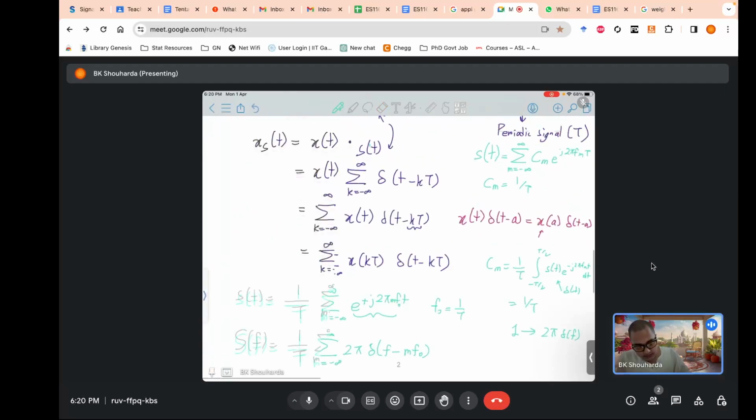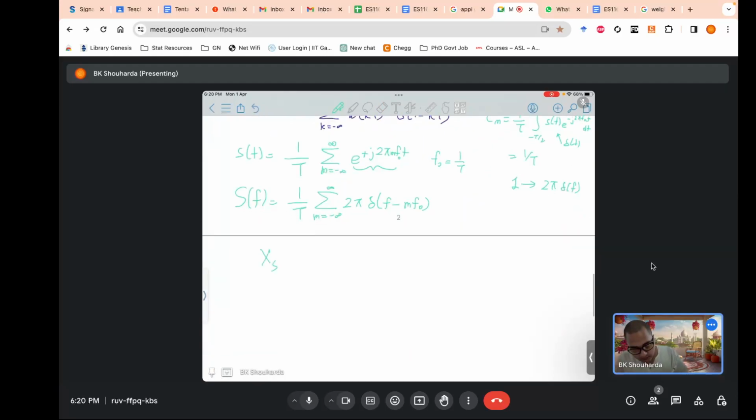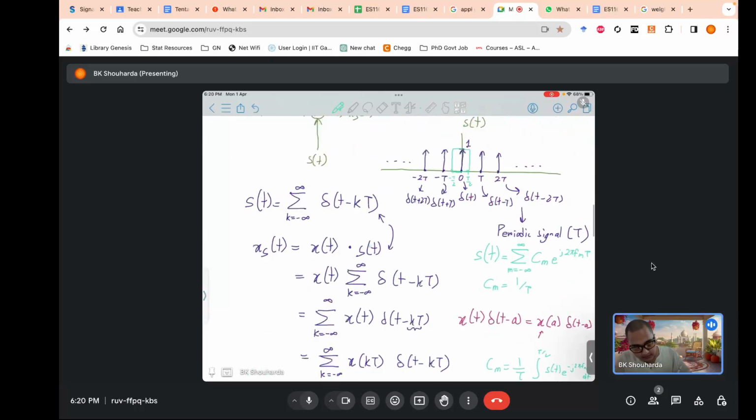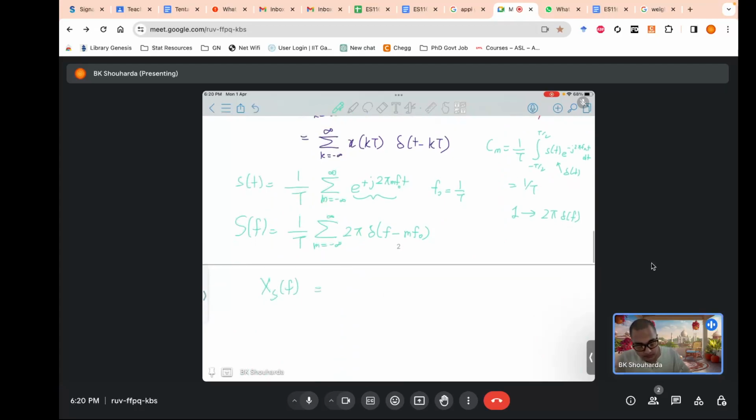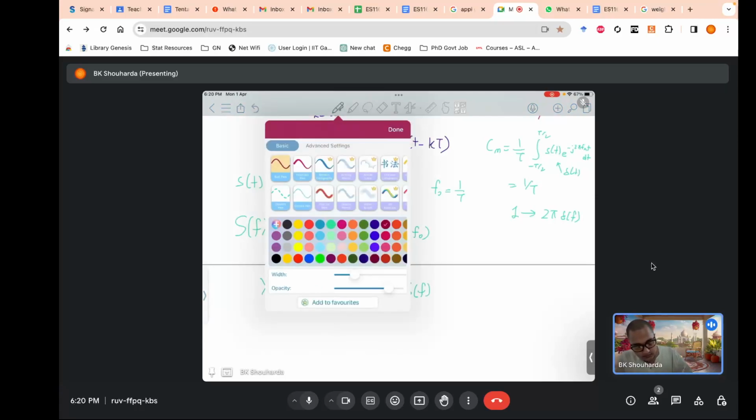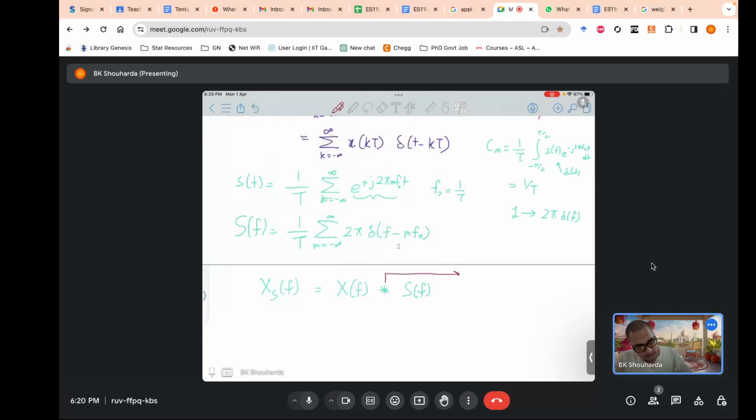Okay, so what is the spectrum of x s of f? We know that this is the multiplication of x of t and s of t. So in frequency domain they will correspond to a convolution, so it will be convolution of x of f with s of f. Let me mark that this is convolution in frequency domain.